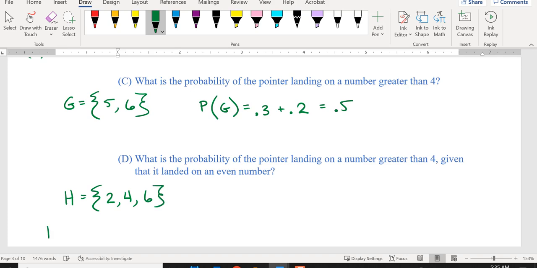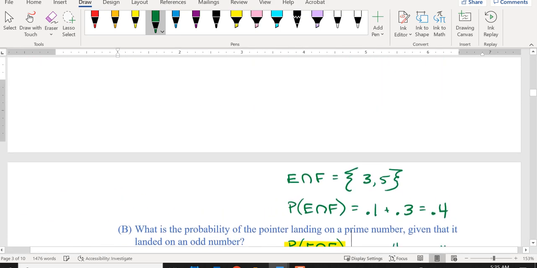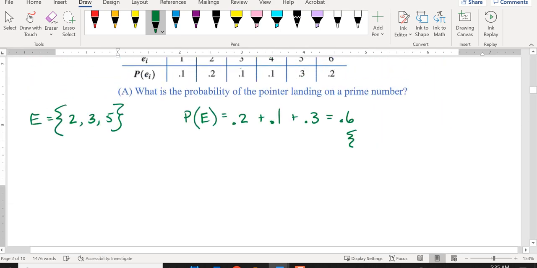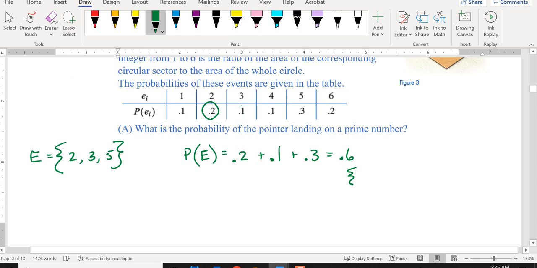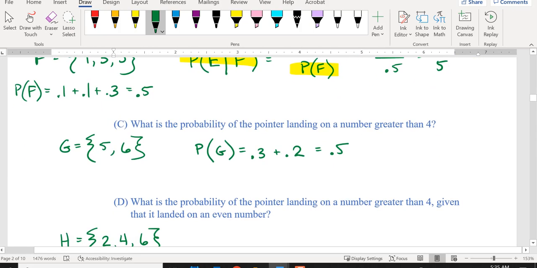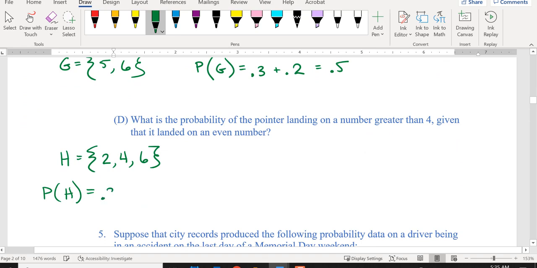What's the probability of that event? 0.2 plus 0.1 plus 0.2, so I would get 0.5.